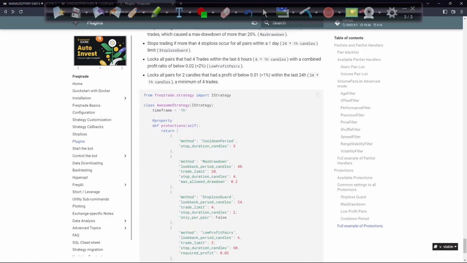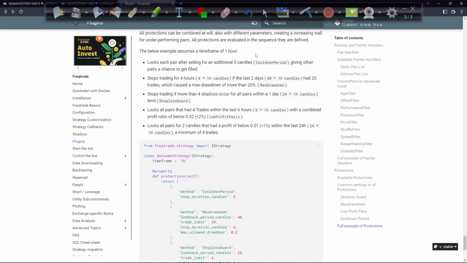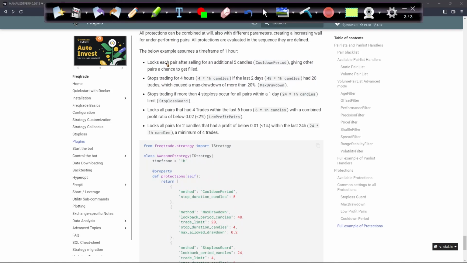So what we are doing here is that it locks each pair after selling for an additional 5 candles, which is our cooldown period, giving other pairs a chance to get filled.